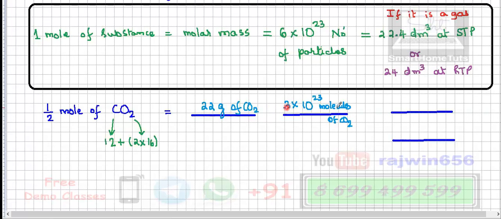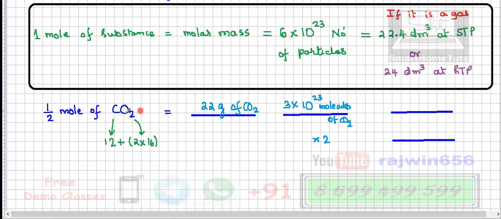So these many molecules of CO2, how many oxygen atoms will be present in it? It will be multiplied with 2. What into 2, sir? This number, 3 into 10 raised to 23 multiplied by 2, which is going to give me 6 into 10 raised to 23 atoms of oxygen. I'm not saying molecules, I'm saying atoms of oxygen.